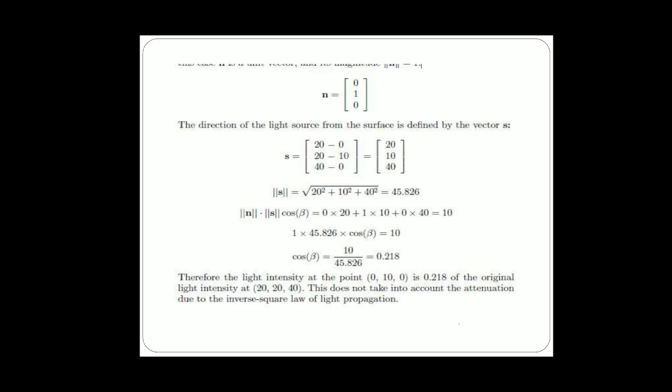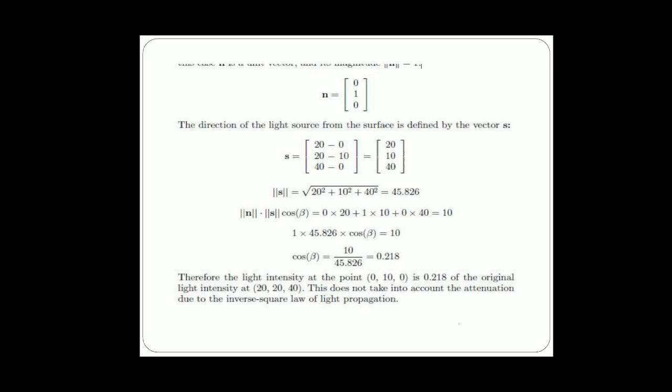In that we are multiplying the magnitude of n, which is already given as 1, by the magnitude of s, which we got as 45.826, into cos beta, and this is equal to 10, because we got this whole value when we multiplied both sides: 0 into 20, plus 1 multiplied by 10, plus 0 multiplied by 40, is equal to 10.